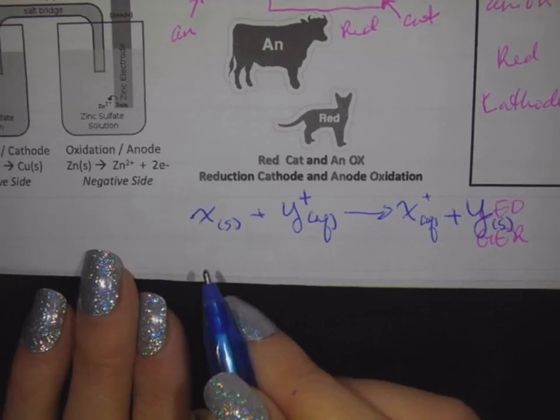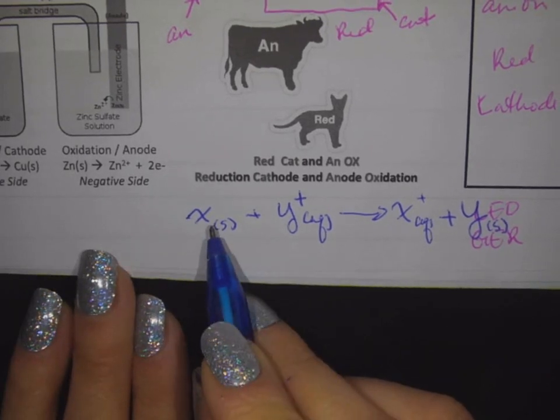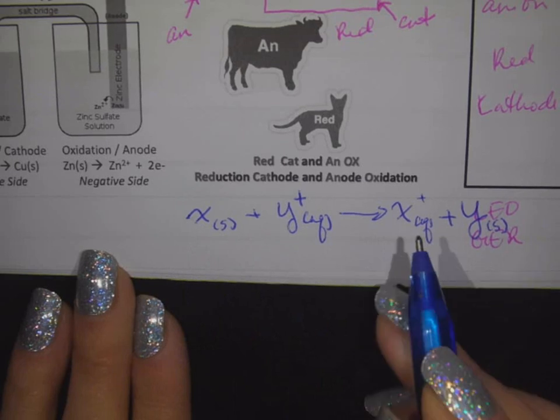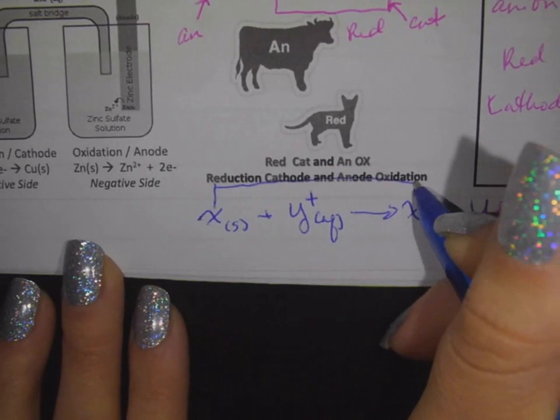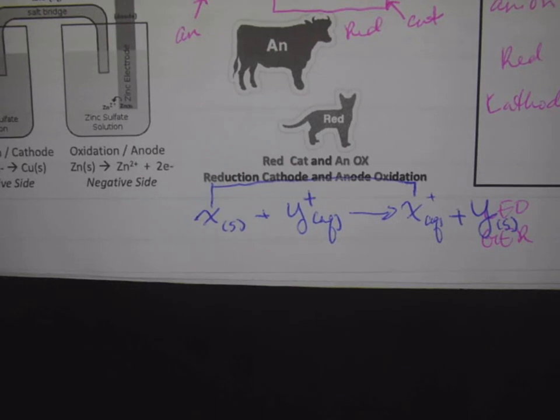Okay, so X had an oxidation number of 0 to +1. If we go from 0 to +1, are we gaining or losing electrons? Losing. Losing electrons is what? Oxidation.